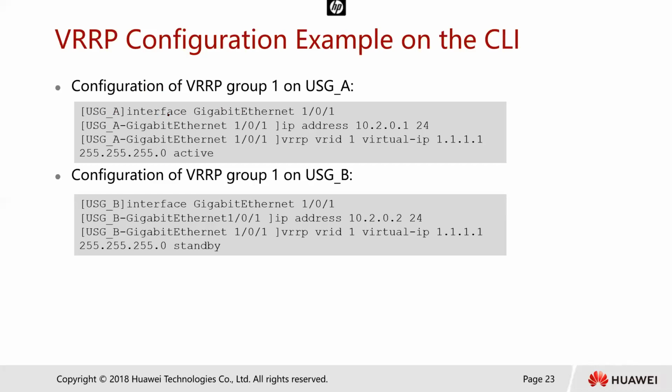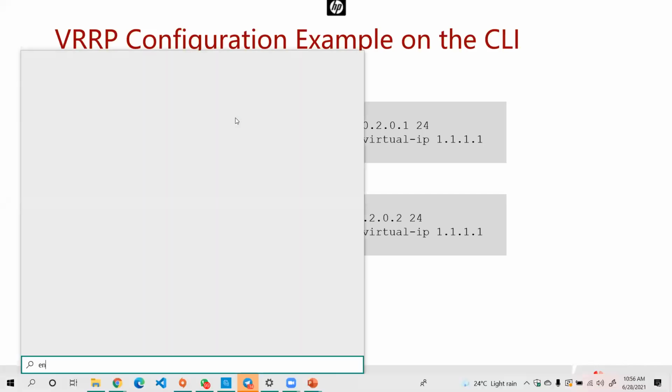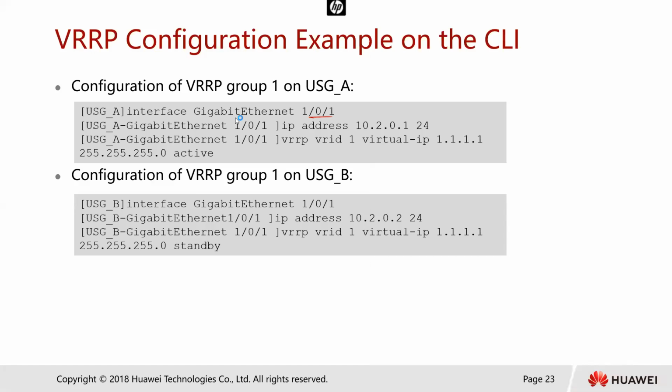Enter your interface, gigabit Ethernet 0/0/1, and you enter that interface. After entering that interface, you are in a position to add an IP address, specify the IP address for that interface, then specify the ID number, and also configure the virtual IP address for that group. This will act as the default gateway for that entire group.